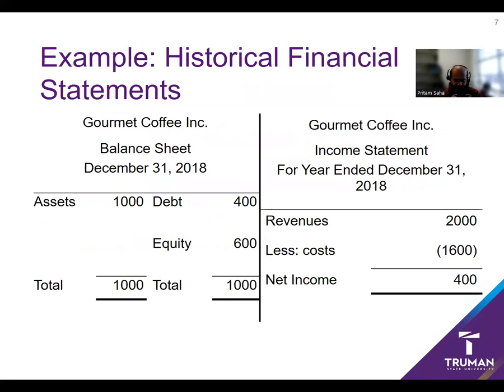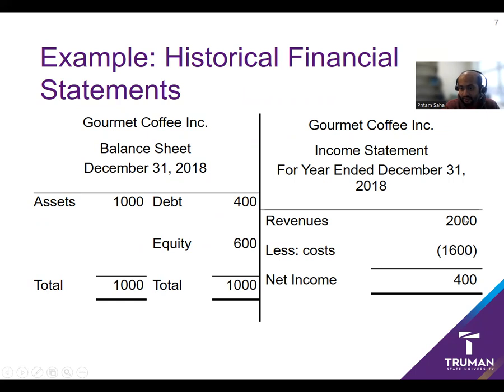Now let's think about some specific examples of how to forecast and how to make a pro forma statement. If you look here, these are historical statements: the 2018 balance sheet and the 2018 income statement. If you look carefully, revenues are 2000 and all costs are 1600.